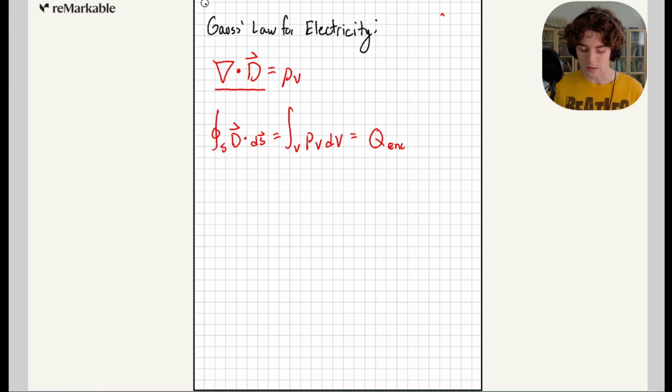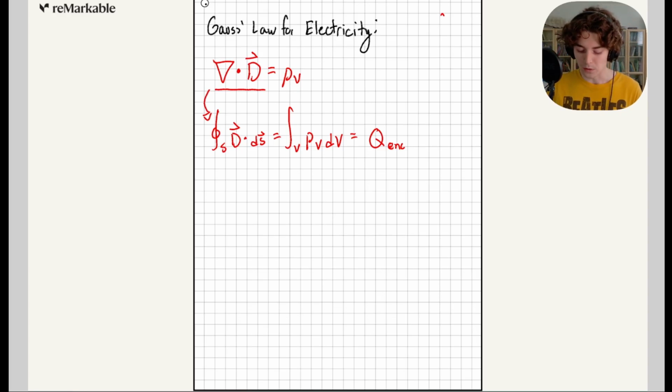So it tells us that the divergence of the electric flux density is equal to the charge density, right? The volume charge density. So then this becomes useful once we apply the divergence theorem.